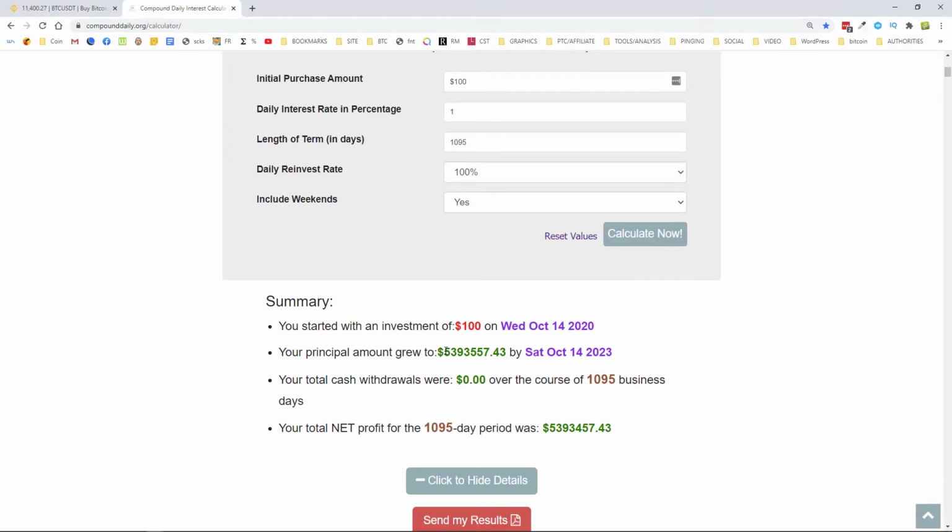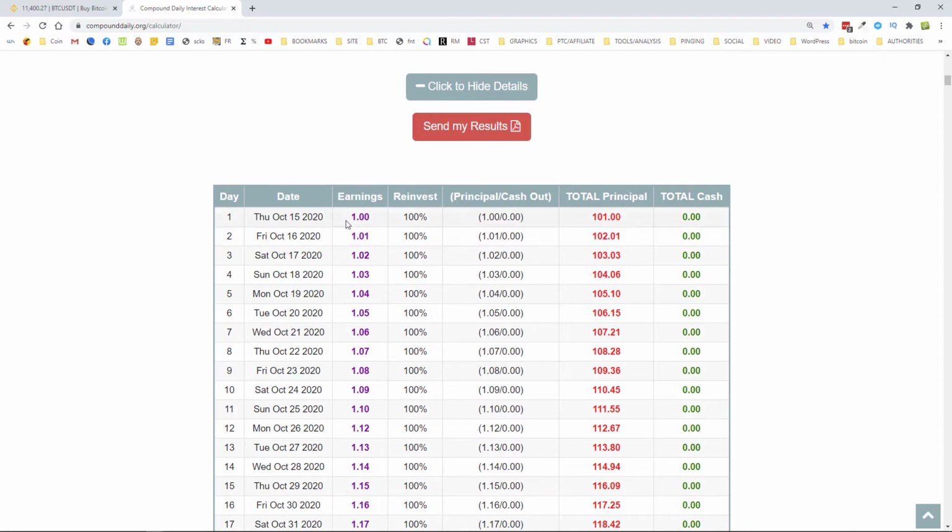All right, that is an incredible number after 3 years from $100. All right, that's 5,393,557, and that is phenomenal. All right, so look at that. From the $100, you start off slowly.